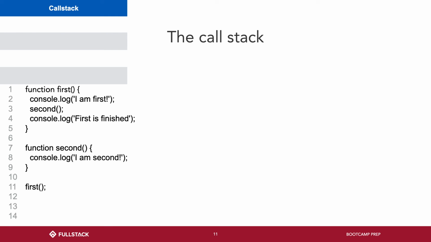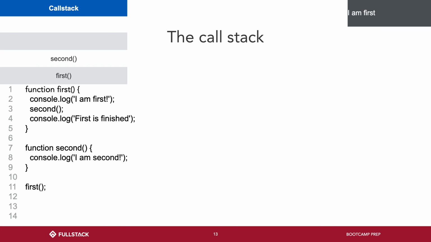So anyways, back to what we were talking about with first. I did say I customized the slides, so I guess I messed up again. So function first, function second. First goes onto the call stack, we have "I am first" up here, and then second goes onto the call stack, because in first we console.log "I am first" and then we run second.